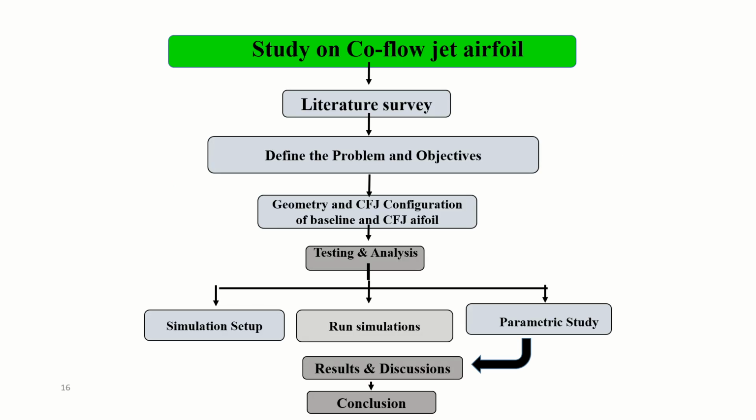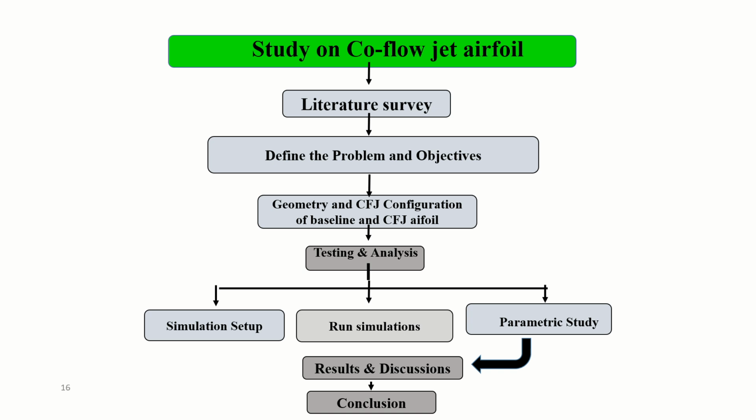The research methodology is: first we studied co-flow jet airfoils, took literature surveys, and by studying those we defined the problem and objectives. Then we created the baseline airfoil geometry and the CFJ configurations. Finally, for testing and analysis using ANSYS Fluent, we set up the simulation, ran it, and studied the parameters.